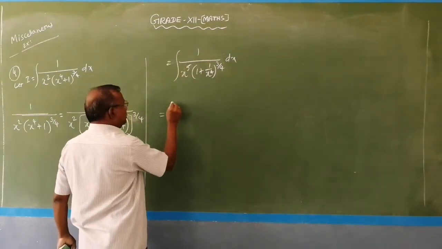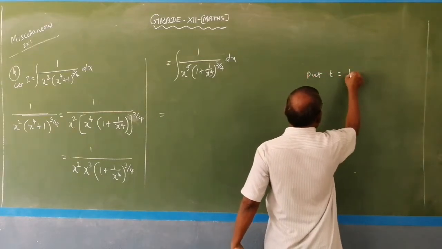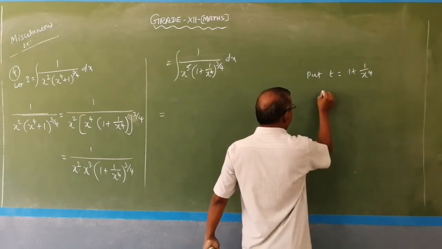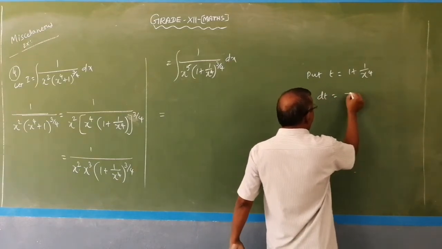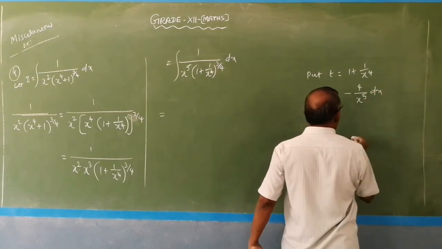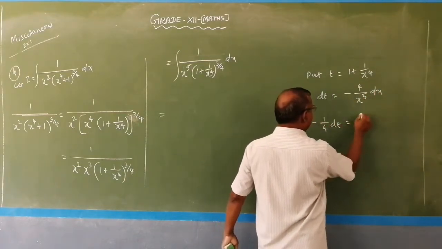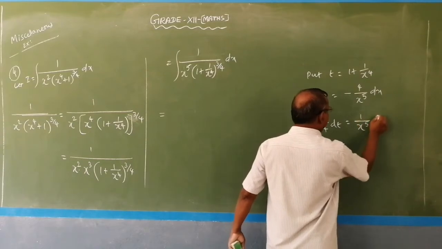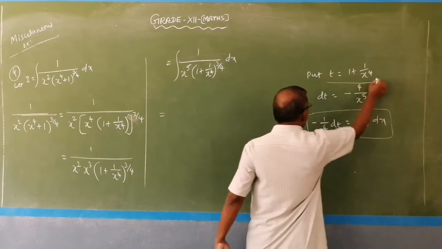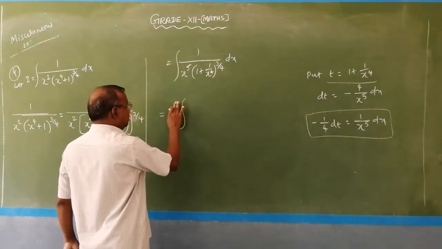Now put t equal to 1 plus 1 by x power 4. Differentiating on both sides, dt equals minus 4 by x power 5 into dx. So minus 1 by 4 into dt equals 1 by x power 5 into dx. So we got the substitution for all the variables.